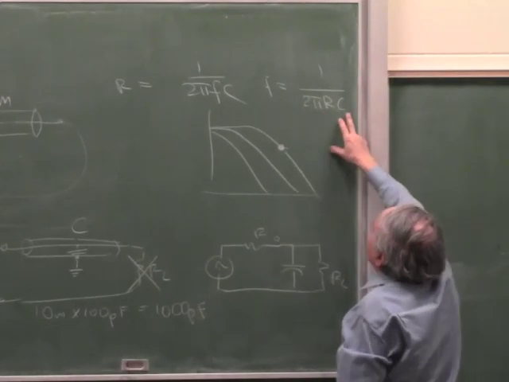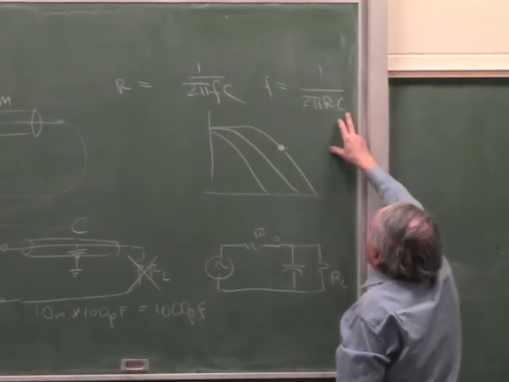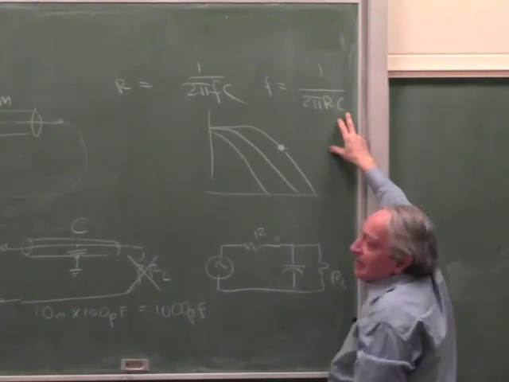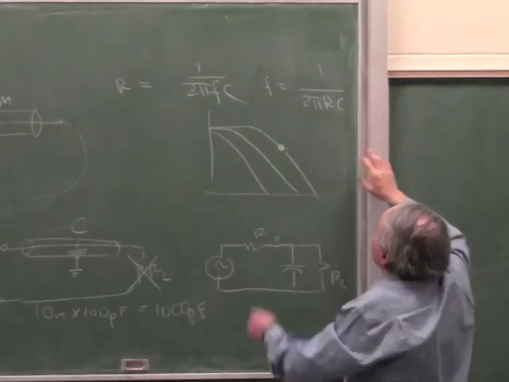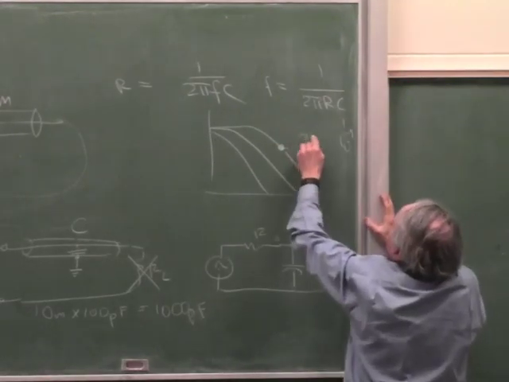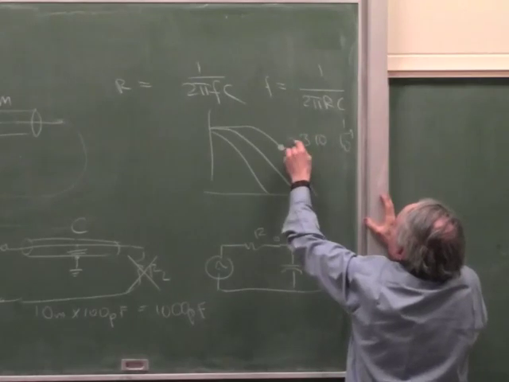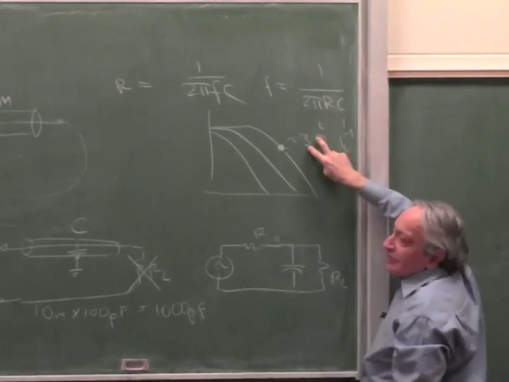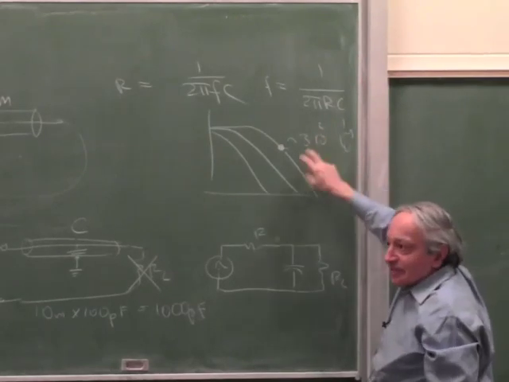So there will be 10 to the minus 7 divided by 3, so 10 to the plus 7 divided by 3, which is about 3 megahertz. And you can check it later.